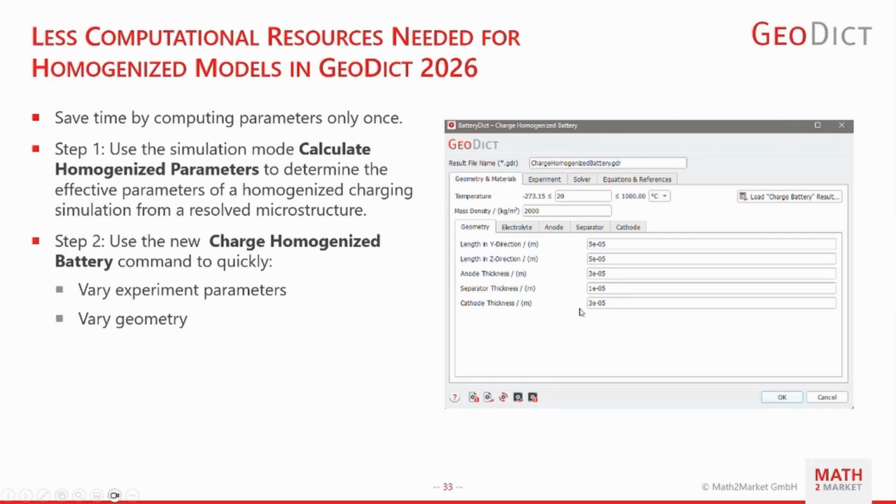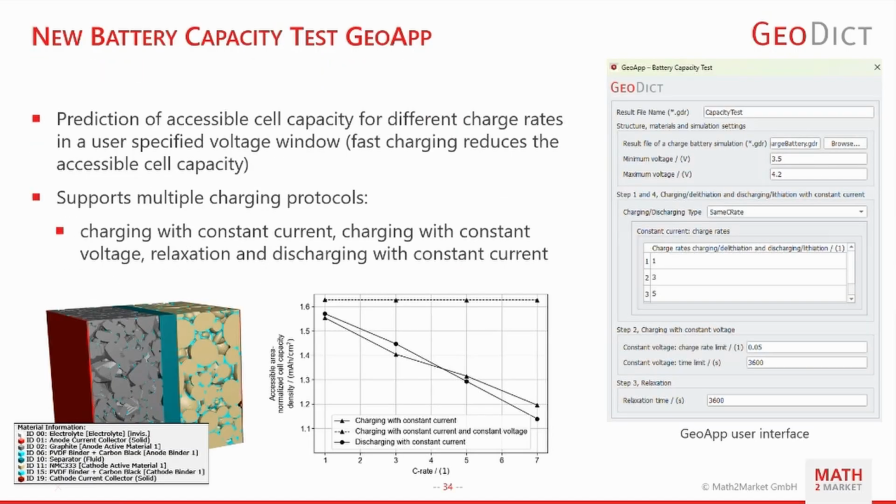Geometry meaning you can set the outer geometry, not the microstructure geometry, but the size of say the anode thickness or separator or cathode thickness. And in this way, the command lets you quickly perform multiple homogenized battery simulations where you can vary C rate or voltage window, something like that.